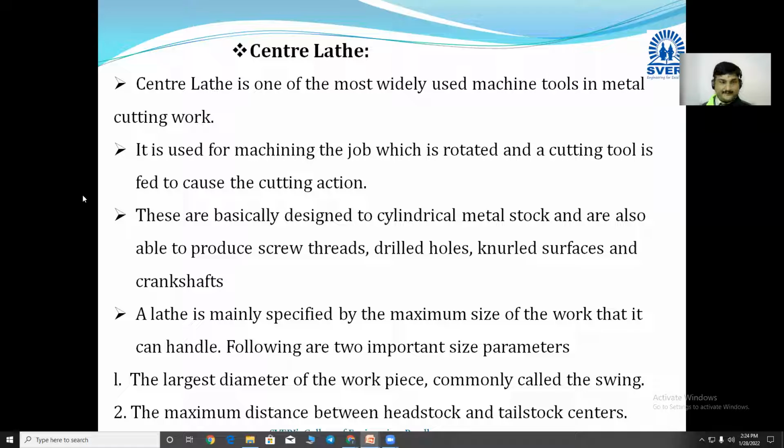केला जातो. And in this particular machine tool, it is used for machining the job which is rotated and the cutting tool is fed to cause the cutting action. याच्यामध्ये काय होतं, तुमचा एक सिलेंड्रिकल मेटल स्टॉक असतो किंवा मेटलचं मटेरियल असतं.